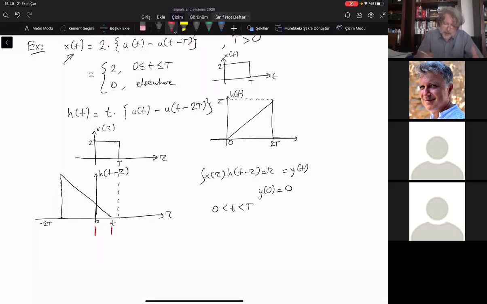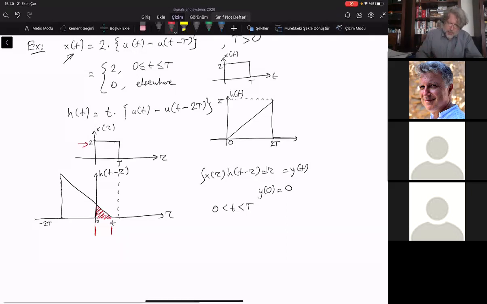I have to multiply these two. And the multiplication is this area, because one of the shapes was constant. This area scaled by that constant. What was that constant? It was 2. Okay. So twice this triangle area is the area under the multiplication part.